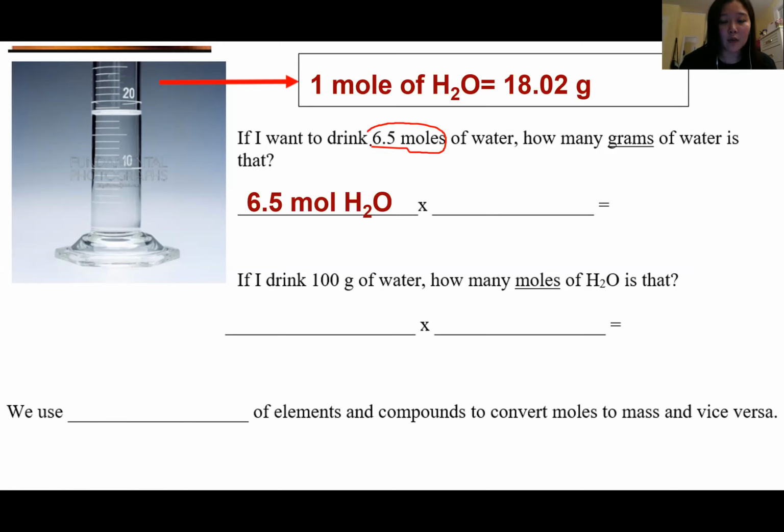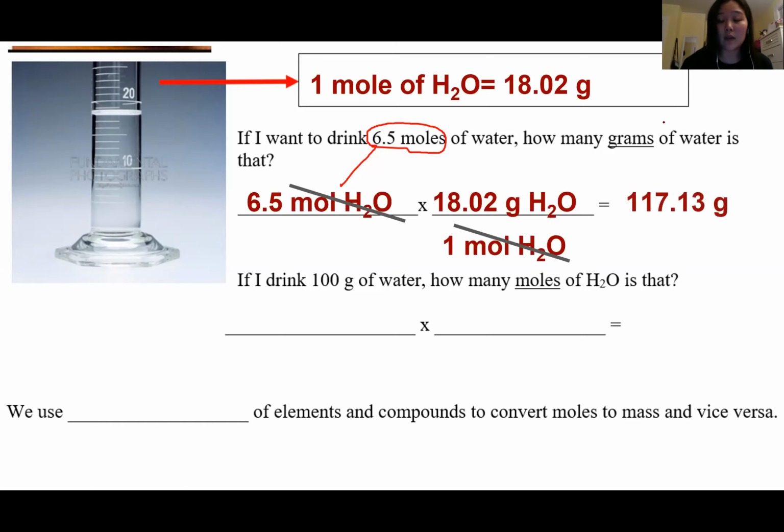So I'm going to start with this value. And I want to change this value into grams. So we have 18.02 grams per mole of water. So that is our conversion factor, where we know the moles would cancel each other out, and we put 6.5 times 18.02 into our calculator and get 117.13 grams. All right, on to the next problem.